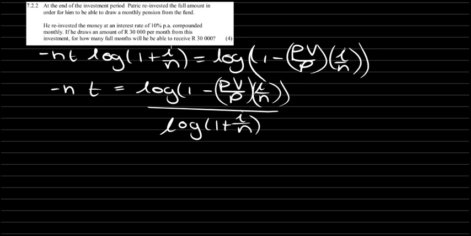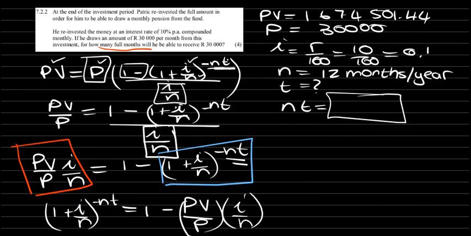Once you put all these values in your scientific calculator, you see that minus NT equals minus 75.3934, something like that. And this is months, remember, because of 12 months per year, so NT equals the number of months.